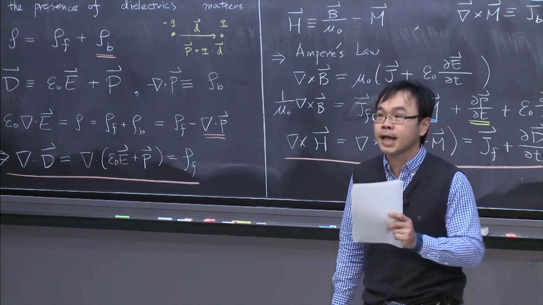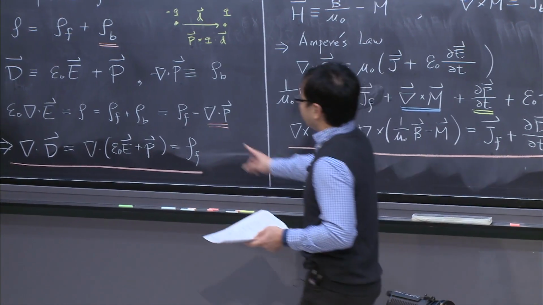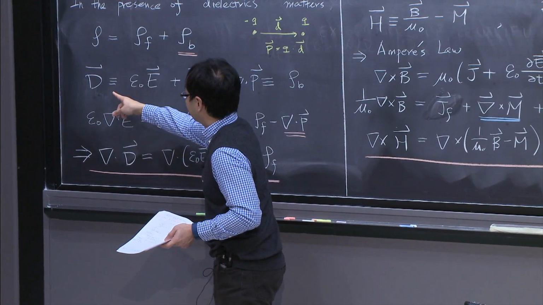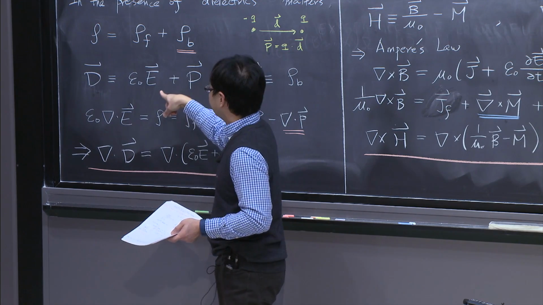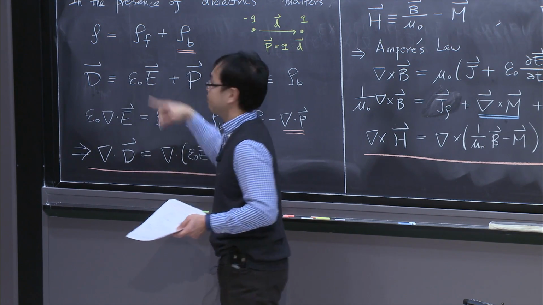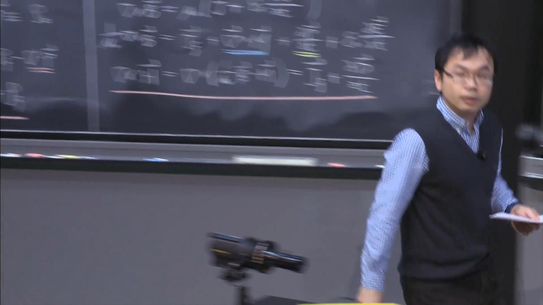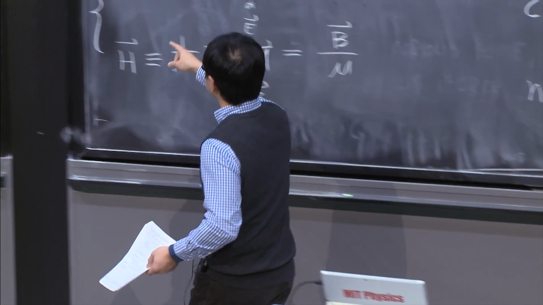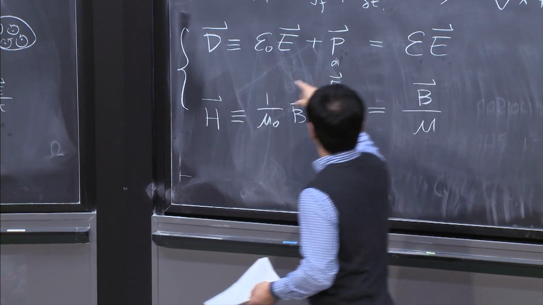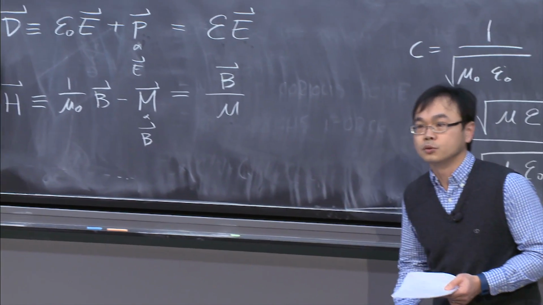But the D field is not the full story of the electric field, right? How is it related to the electric field in the exact form? This is defined here, and from the D field you will be able to evaluate the corresponding E field. In a linear material, there's a special relation between the D field and the E field, because the induced polarization is proportional to the electric field.